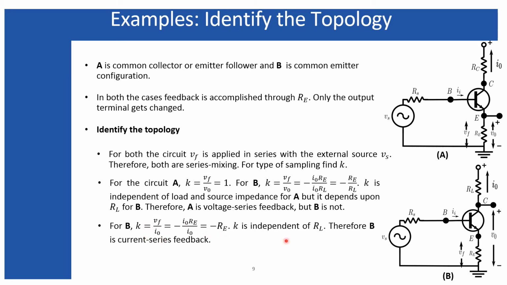For circuit B, minus Re appears as the feedback factor, and that is okay with us because Re is not the load impedance for circuit B. However, Re is the load impedance for circuit A, but it is not the load impedance for circuit B. Therefore K, which is equal to minus Re, is okay with us, and that is the expression for the feedback factor for circuit B. So circuit A is the voltage series feedback and circuit B is the current series feedback.